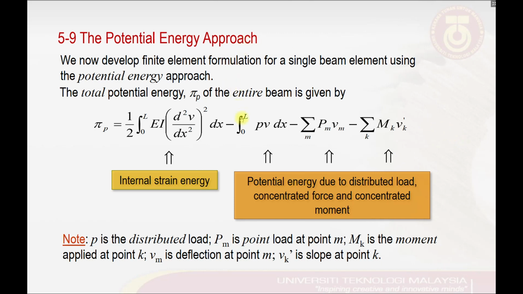So in this equation, as we look closely, this is the internal strain energy term, and the second term of this equation deals with the distributed loads. The third term in this equation deals with concentrated loads, and the last term in this equation deals with the concentrated moments.